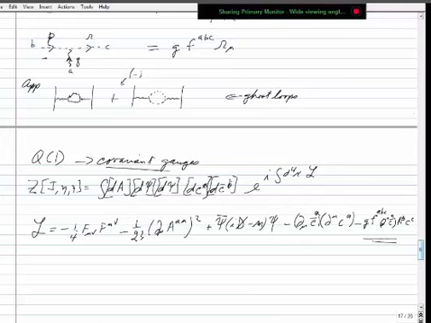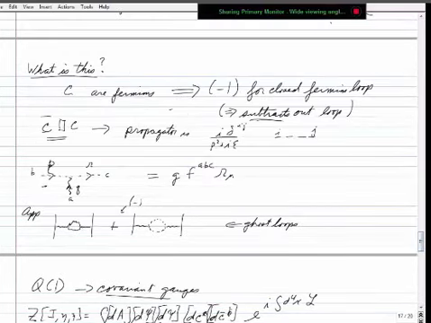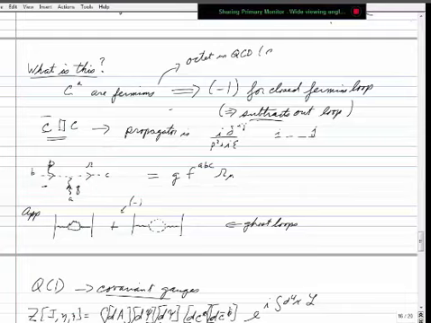If we added fermions, we have d psi bar, d psi. We have to add these ghosts, dC, dC bar, J. I then have e to the i integral d^4x Lagrangian, and let me just take that on a separate line.